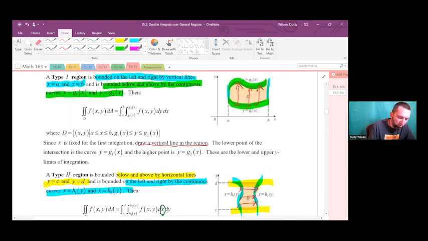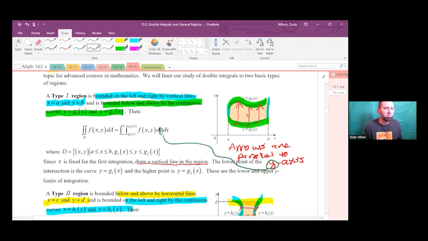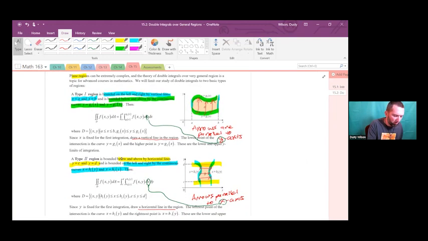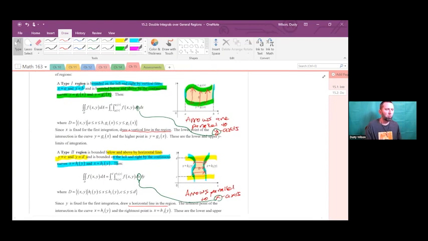If we go above, here our arrows are parallel to the y-axis. And again, that y matches the inner limit of integration. There you have the basic gist of type 1 and type 2 regions.